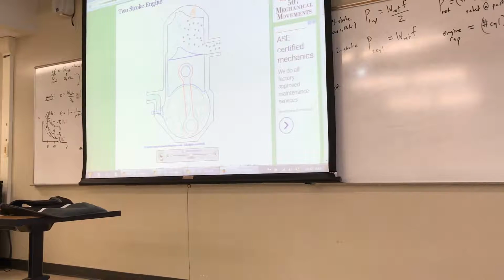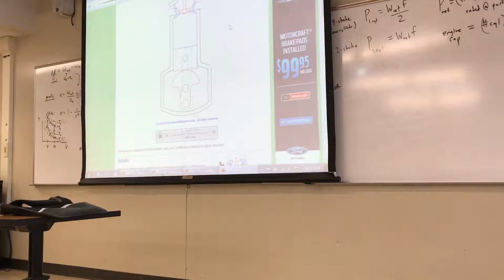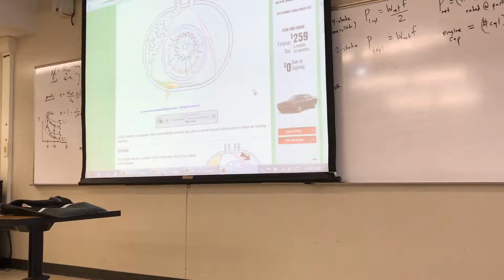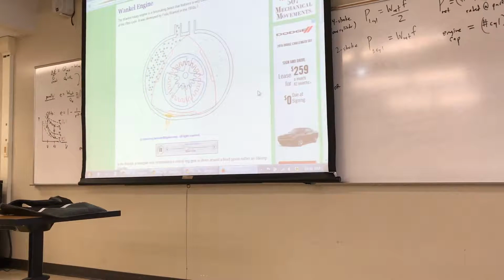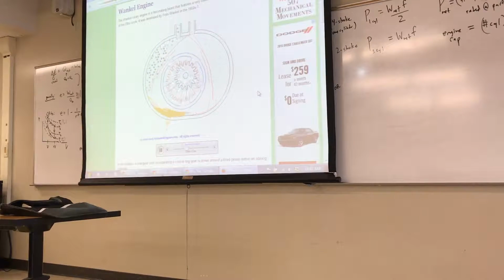So you'd have to figure out just how you're going to orchestrate this. Let me give you another idea some people came up with. Here's another example. You can do it like this. So if you actually stare at this for a while, you can figure out that it does complete one thermodynamic cycle for every rotation of the crankshaft, and it does keep the intake and exhaust separate. Any car heads here know what brand of car has this in it?